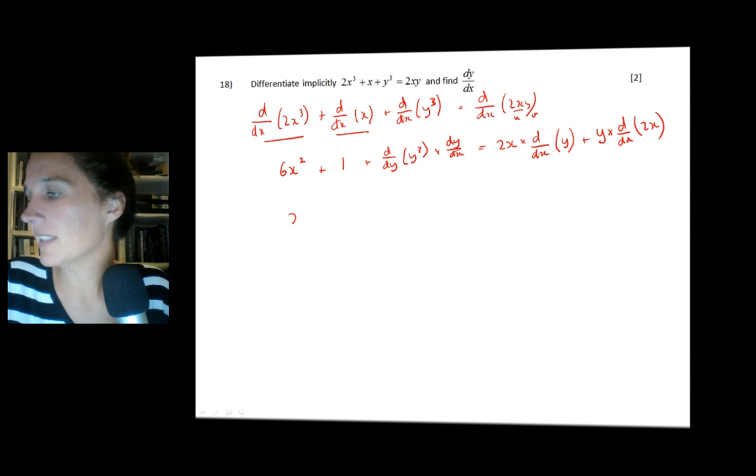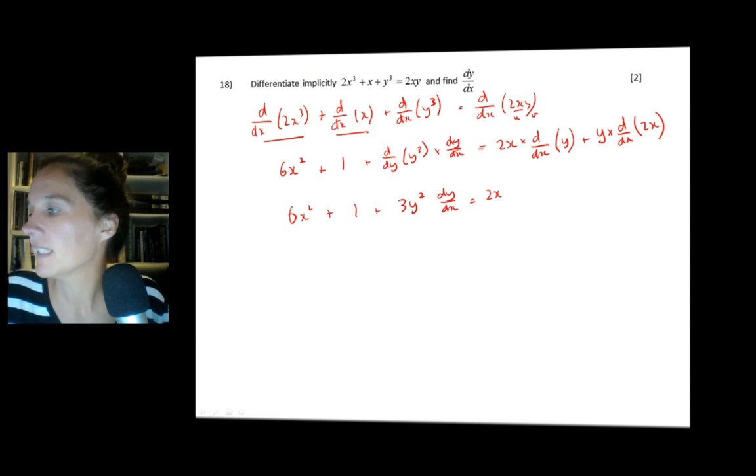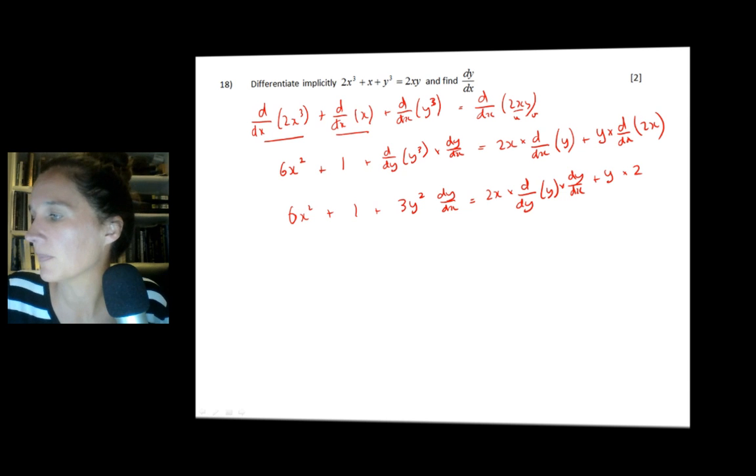So continuing on, our 6x squared is nice and easy, 1 here. When we differentiate y cubed with respect to y, we're going to get 3y squared multiplied by dy on dx. Then here we've got 2x, and then here we've got our d on dx of y. We can't do this directly, so here we're going to differentiate it with respect to y, and then multiply by dy on dx, plus our y times, if we differentiate 2x with respect to x, we get 2.